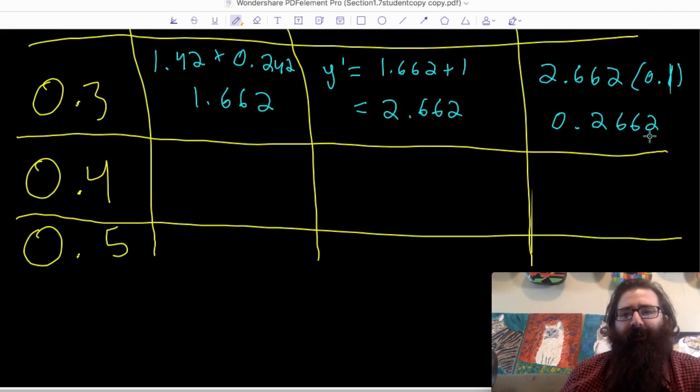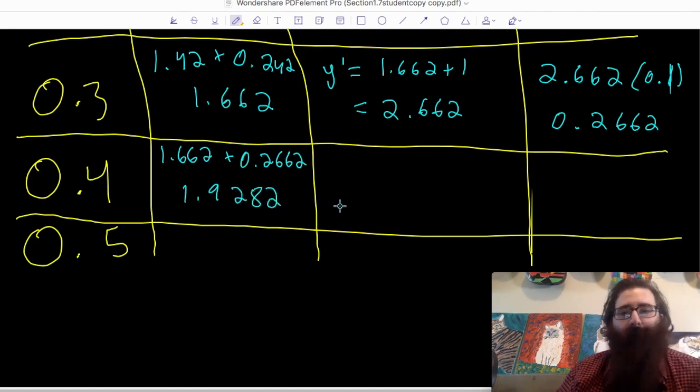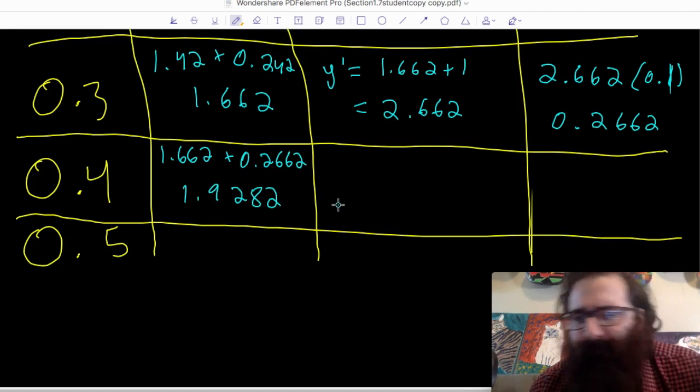So I have to take what I just got for y prime times h, and I have to add it to my y value to get that next y value. So 1.662 plus 0.2662, and this is going to give me 1.9282. One more go of it. Are you ready? Get pumped.